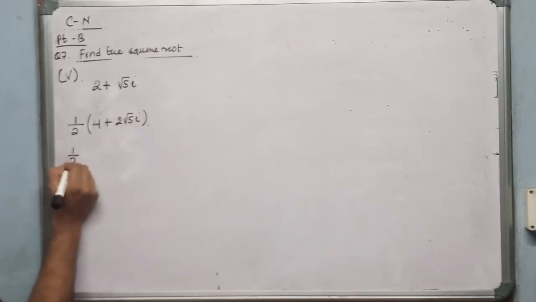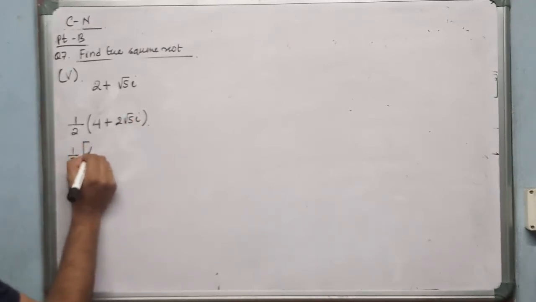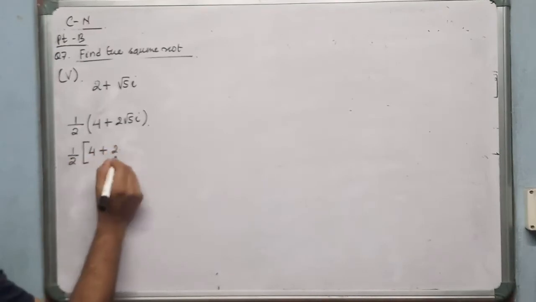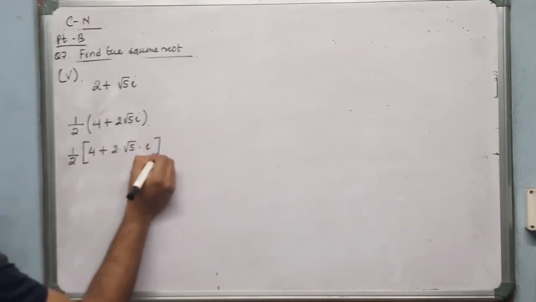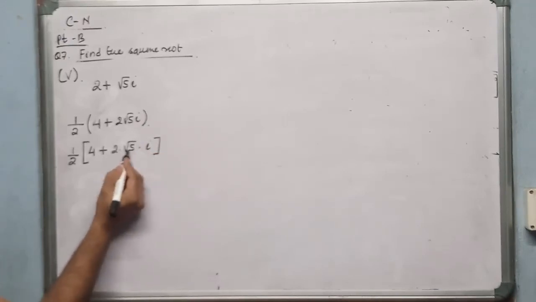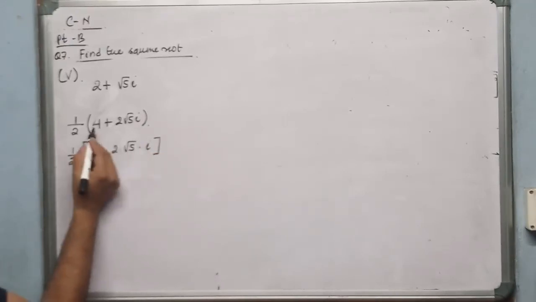Now then 1 by 2 of (4 plus 2 root 5i). I'll consider root 5 is a and i is b, and the sum of the squares of these two quantities must be equal to 4.